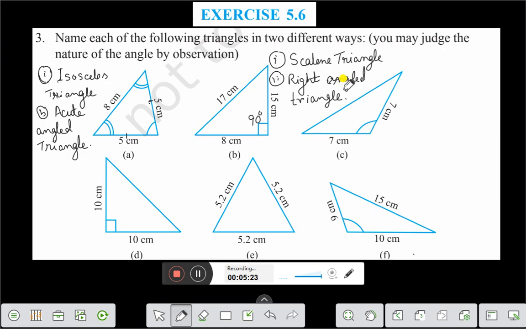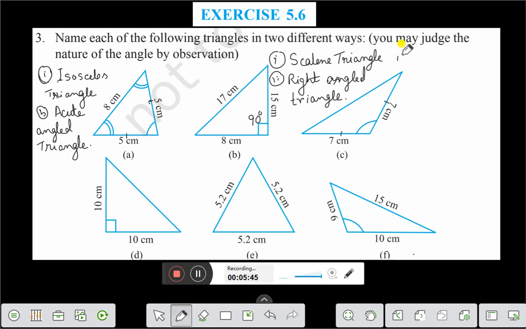Now question number C. Here you see that this side is 7 centimeter and this side is 7 centimeter. That means in this triangle two sides are the same. According to naming of triangles according to side, it is known as isosceles triangle since two sides of this triangle are the same.